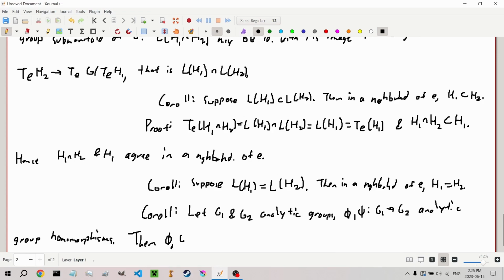Then psi and phi agree in a neighborhood of E1 if and only if their associated algebra maps match up.